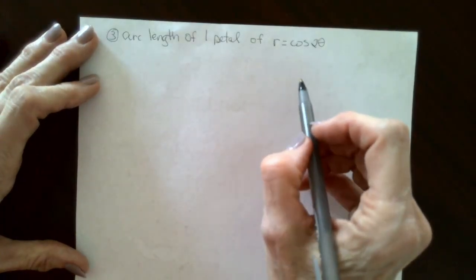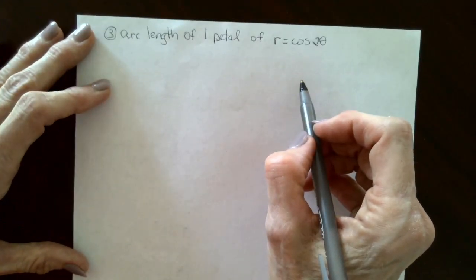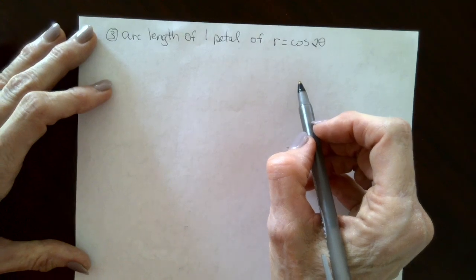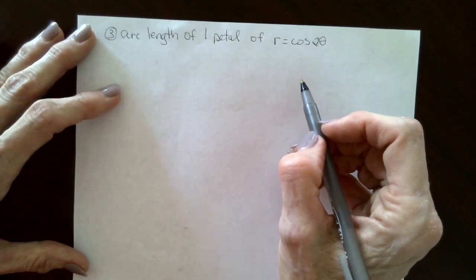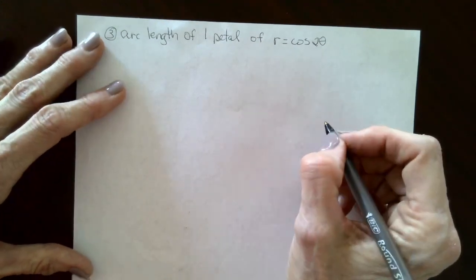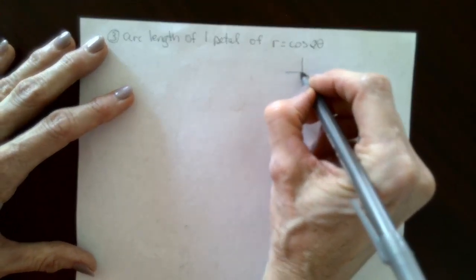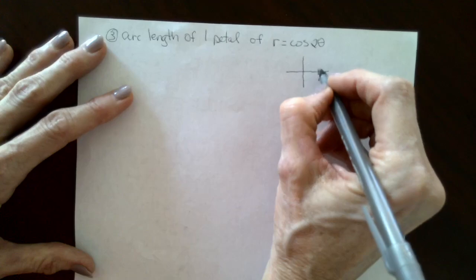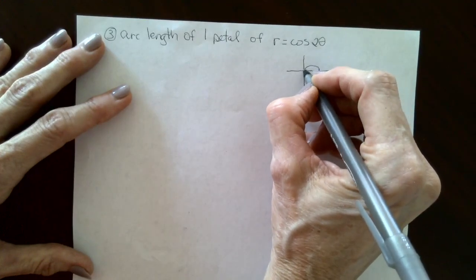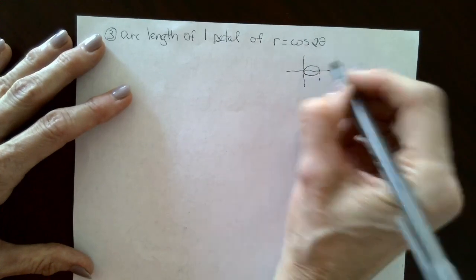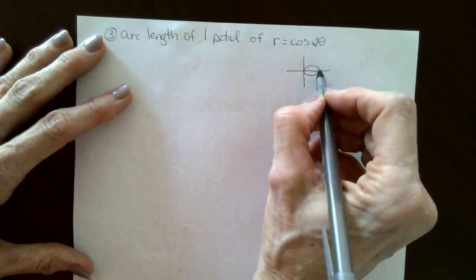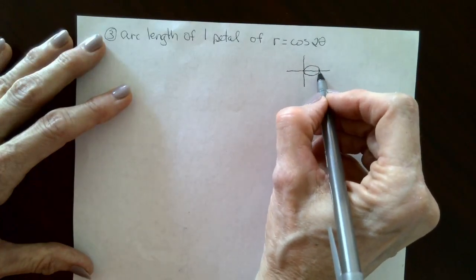What's my petal length? 1. Is that a, the coefficient of your cosine? How many petals do I have? 4 petals, okay? So on this one, they're wanting the arc length of that petal right there. In other words, what is the length all the way around that petal?